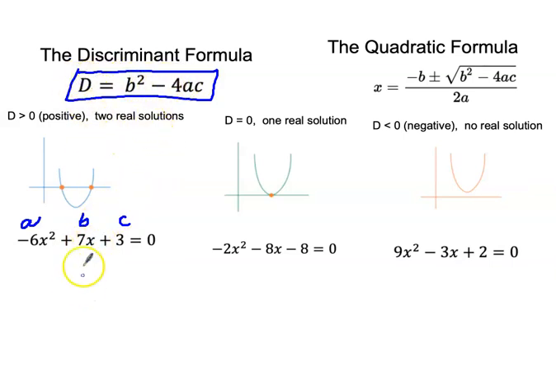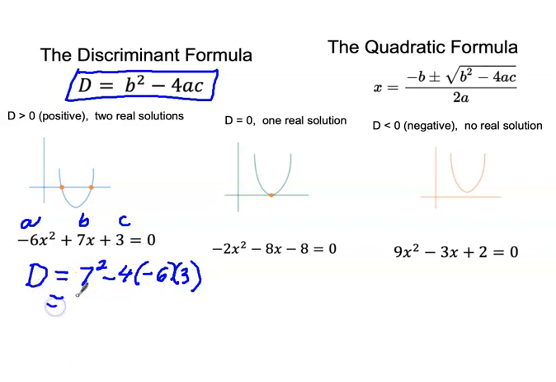The D stands for discriminant, so I'm going to write this as D equals B squared, which is 7 squared, minus 4 times A, which is negative 6, times C, which is 3.